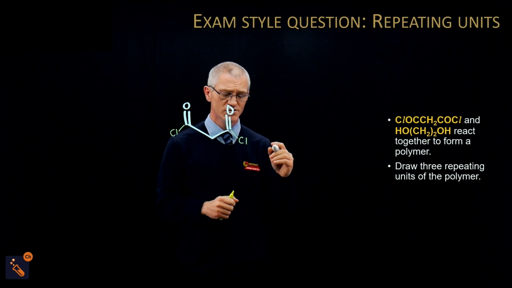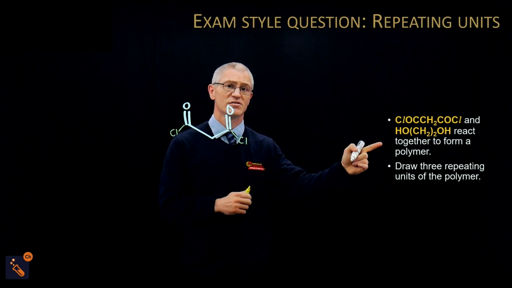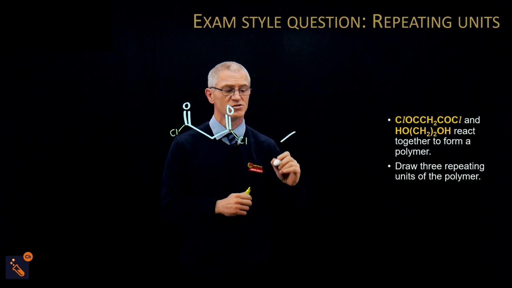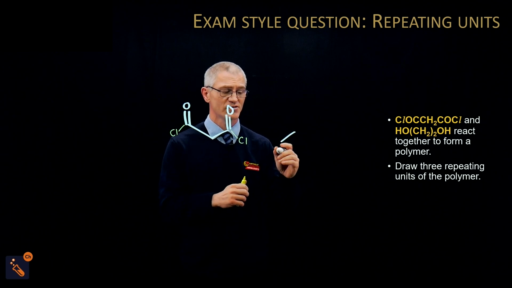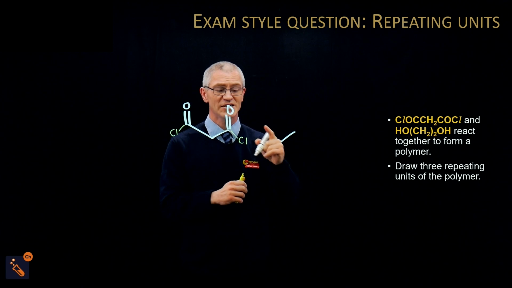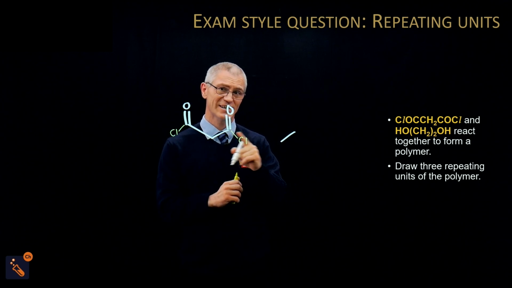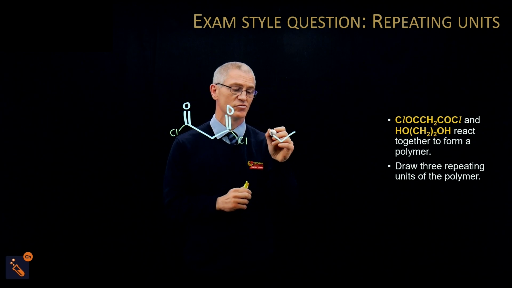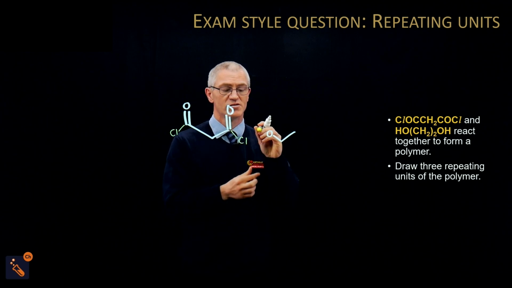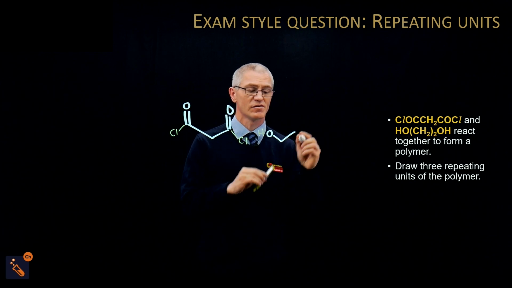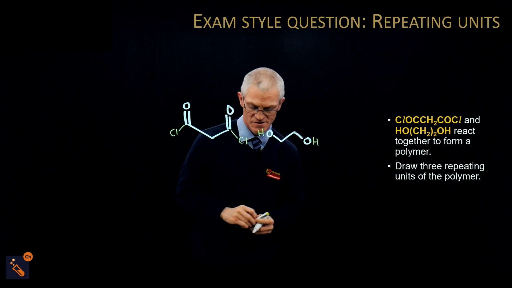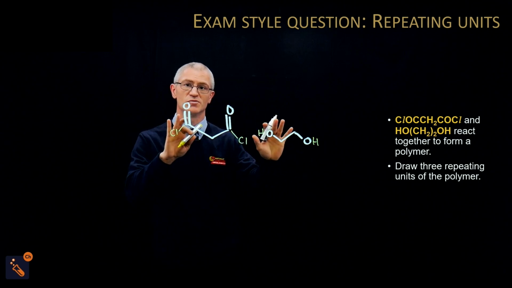Now your alcohol, if you look here, is 2 carbons in length. So I'm just going to draw 2 carbons in length. And remember the H leaves, if you're reacting an acyl chloride, the H and the Cl leave. So I'm just going to draw a bond to that, and then a bond again. There you have your 2 monomers.